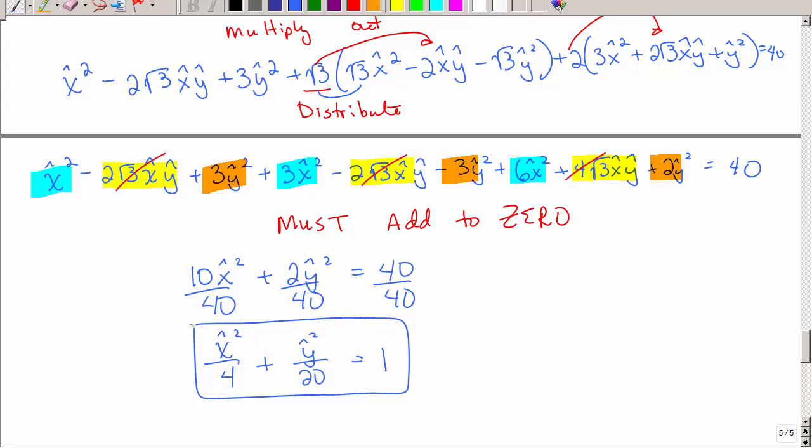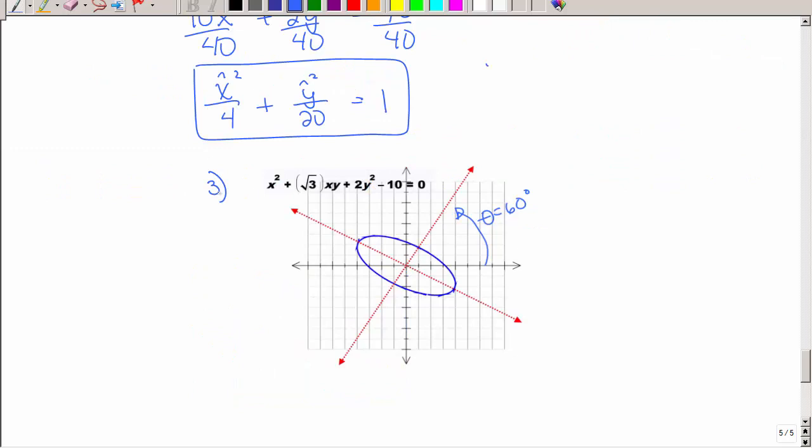Look at there. So let's go back and look at the graph from number 3. It was an ellipse. Remember, we had calculated that the angle of rotation was 60 degrees. So if this is your new x-axis, remember, to graph an ellipse, you would go out on that new x-axis plus or minus 2.